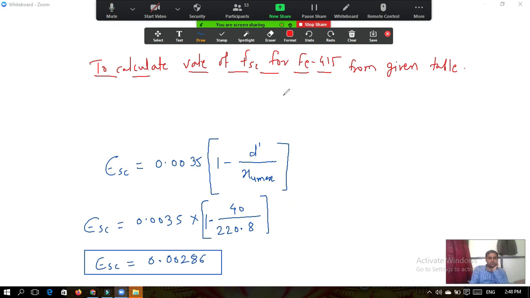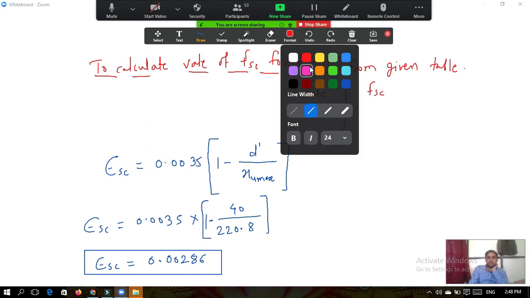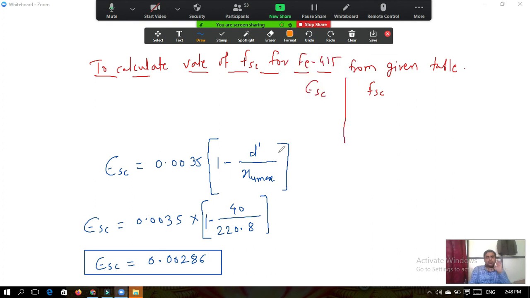But how to calculate those, see here. So epsilon SC and FSC. This table is with us. So now what is given? So we will see where this value comes in between. Which two strains?